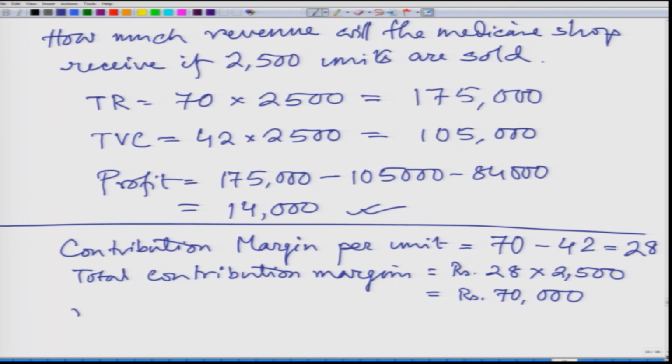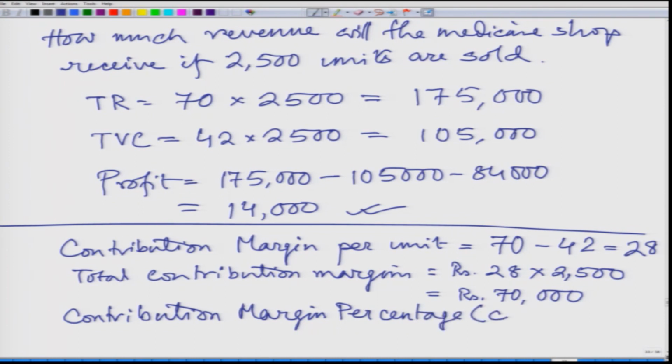And the contribution margin percentage, which is also known as the contribution margin ratio, is estimated as the ratio between the contribution margin per unit, which is rupees 28, and the per unit selling price.